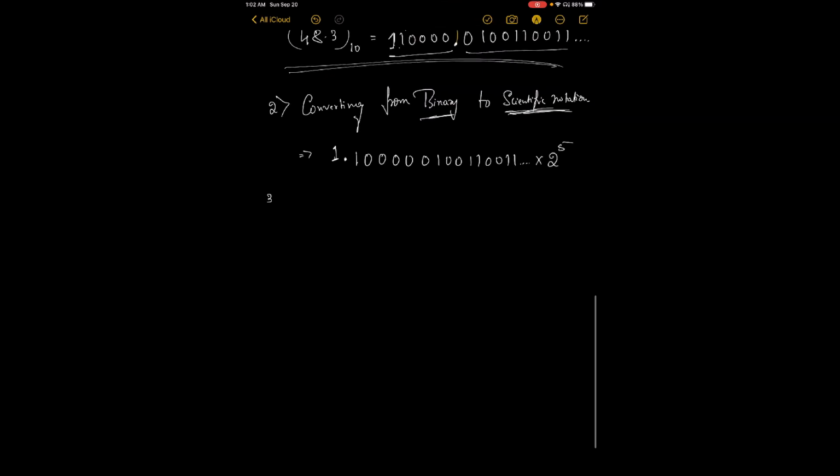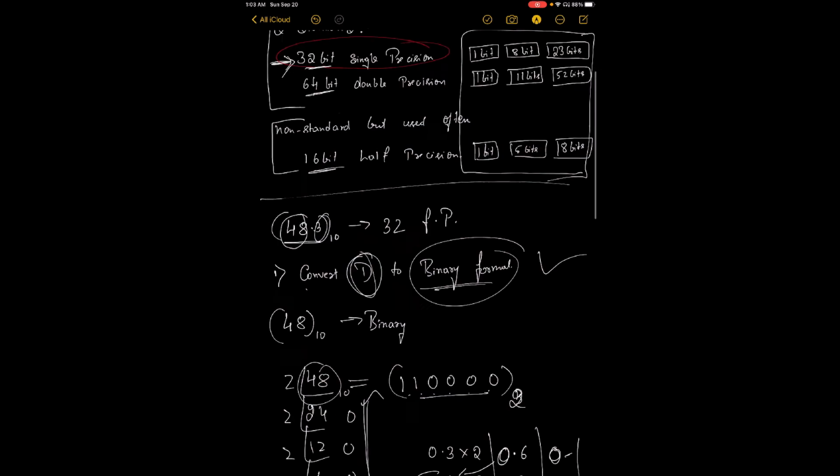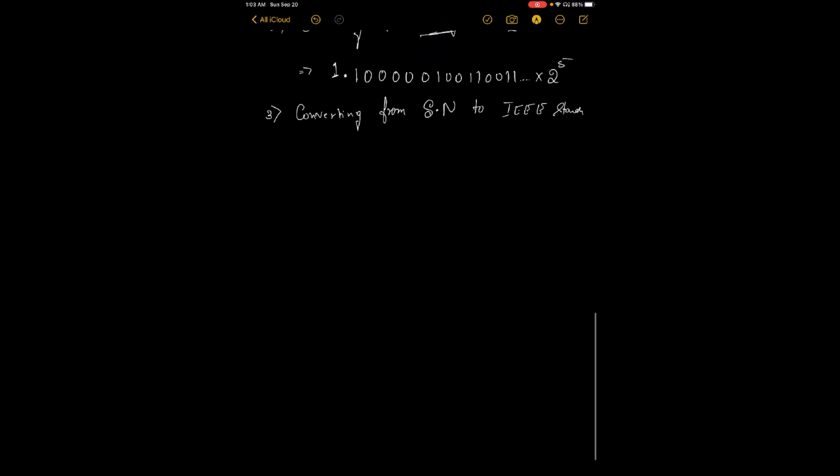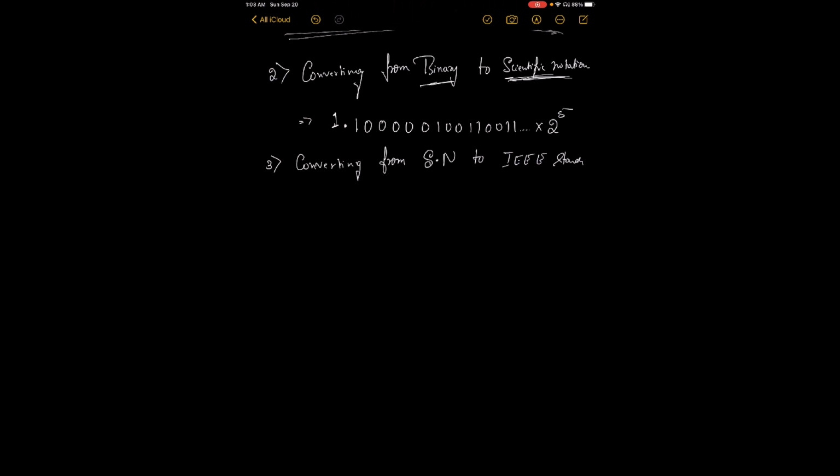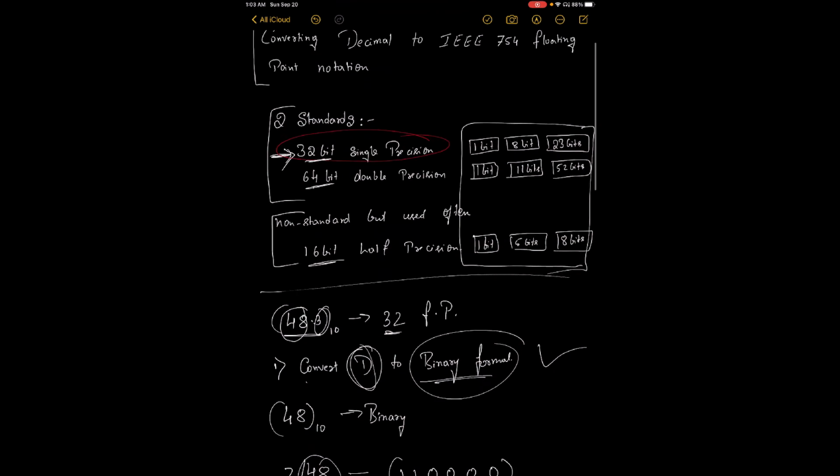So now step 3. Step 3 is converting from scientific notation to IEEE standard. So in this example, we started with 32-bit floating point, right? So we'll take the 32-bit standard. The 32-bit standard basically has 1 bit, oh yeah, I missed something.